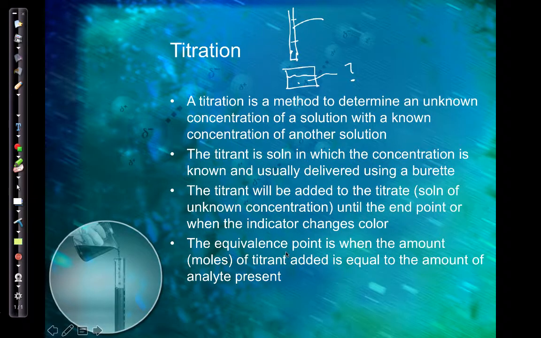The equivalence point is when the moles of the titrant added are equal to the moles of the analyte. So when the moles of one equal the other, the moles of whatever you're interested in have been consumed at that point. Acid-base reactions are going to be a 1-to-1 ratio, so they'll be equal to each other.